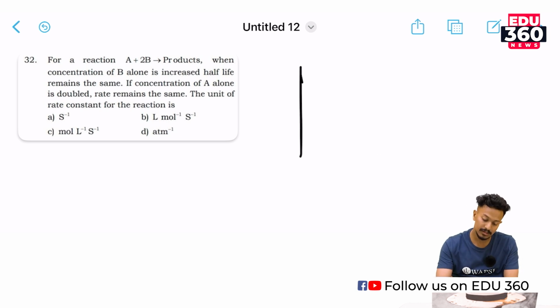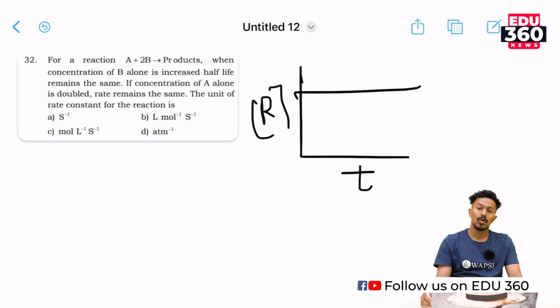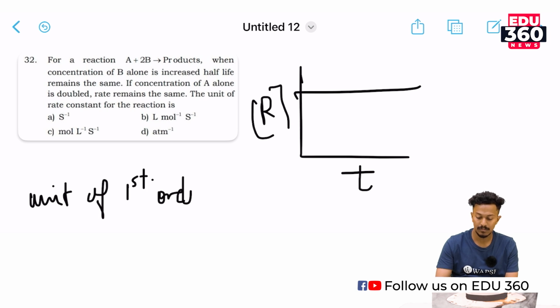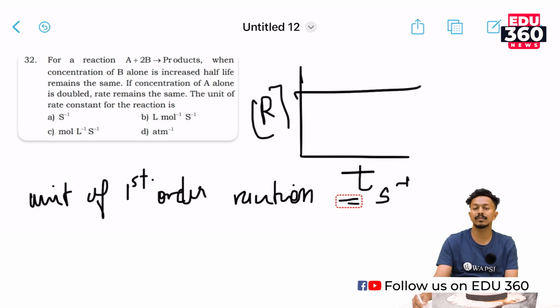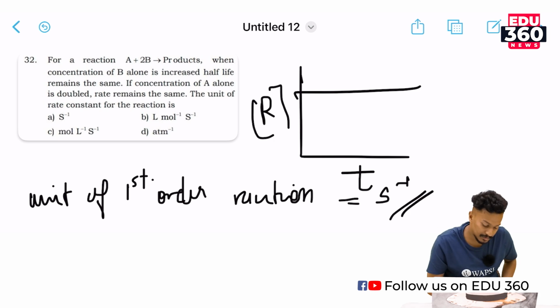The unit of a first order rate constant is second inverse. We have discussed that earlier about finding the units of reactions, and it is second inverse. Okay, we'll just move on to our next question.